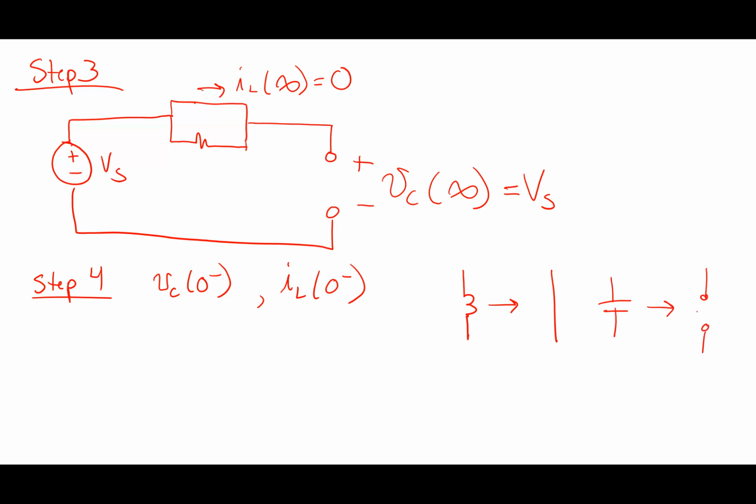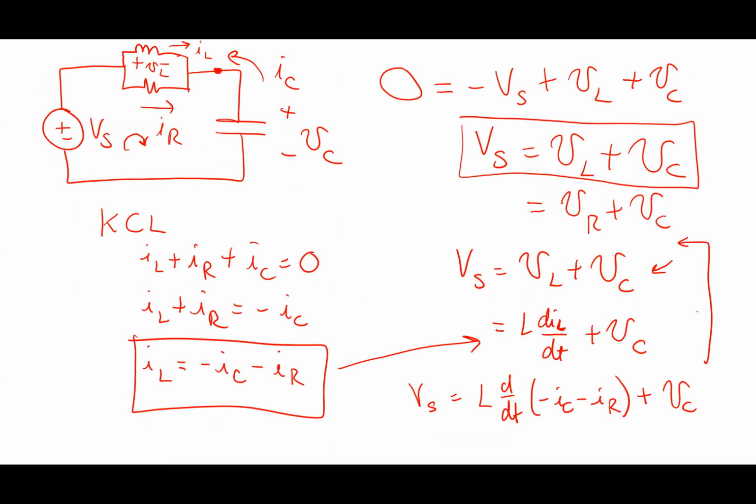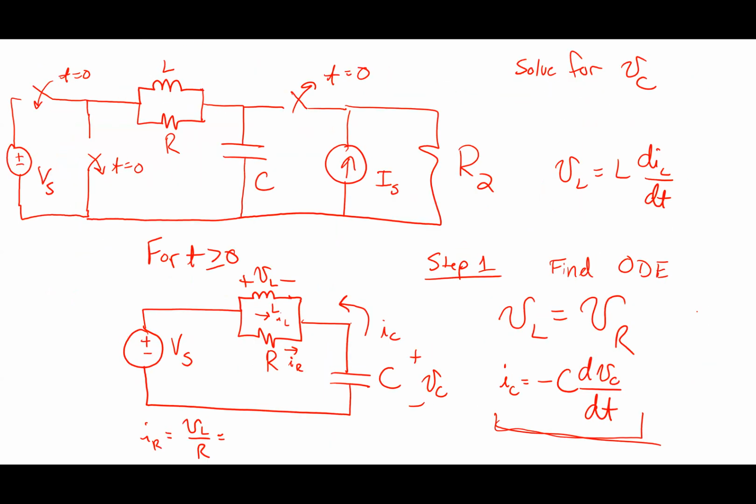All right, so right before the switches moved, I had a weird looking circuit. Before t equal to 0, what were the switches doing? This switch over here was closed, and this switch over here was closed too, right?